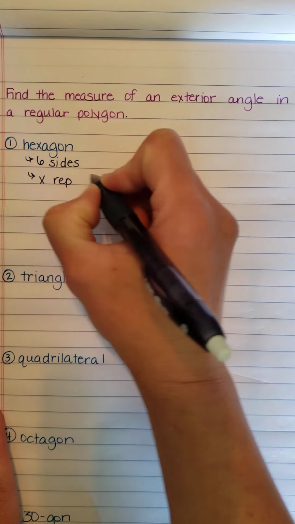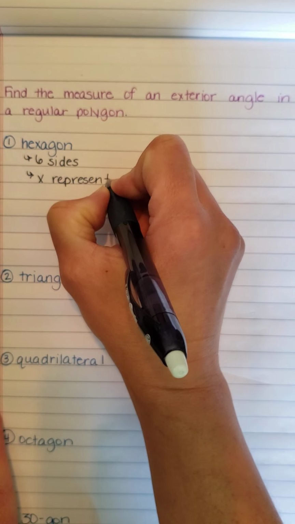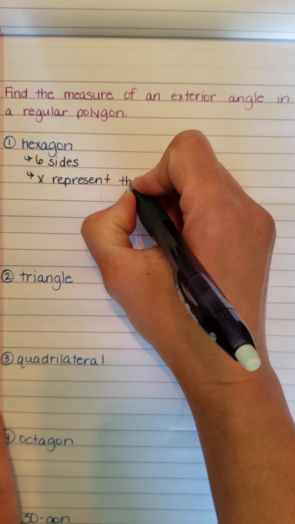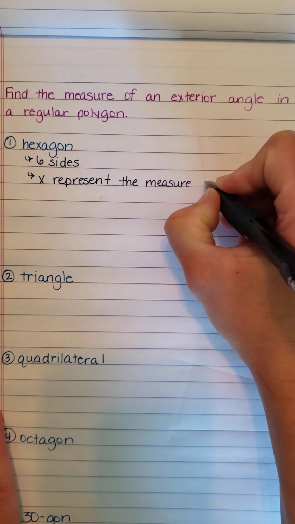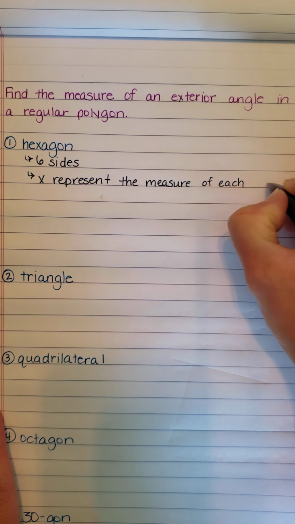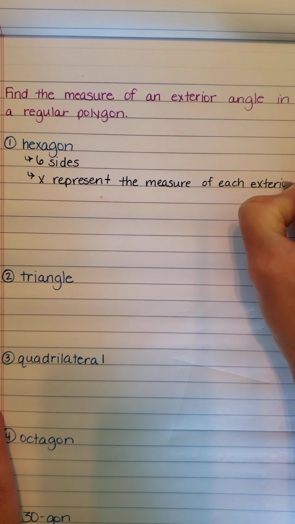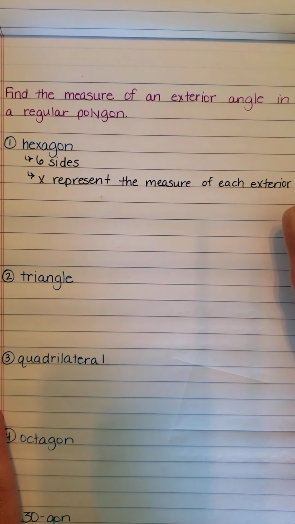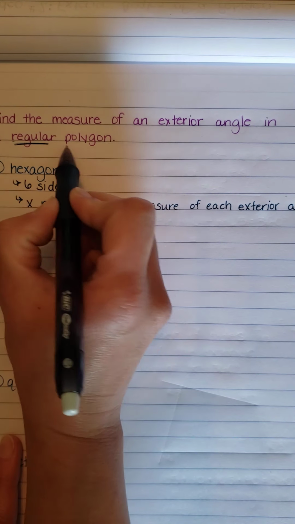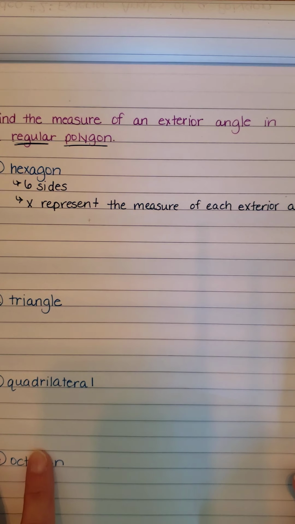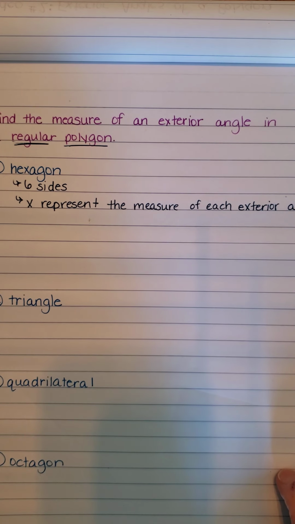X is going to represent the measure of each exterior angle. All right, I need to mention and focus on that we're talking about regular polygons. So in a regular polygon, that means that all of the sides and all of the angles are equal, okay? Everything in it is equal.